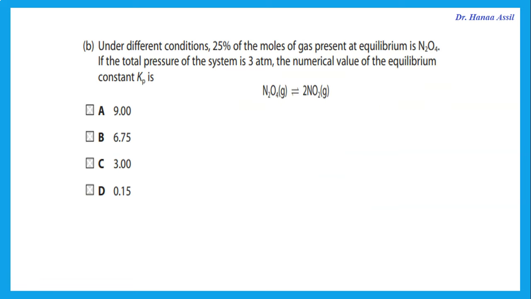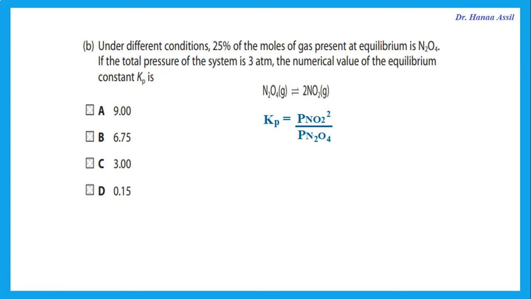Under different conditions, 25% of the moles of gas present at equilibrium is N2O4. So N2O4 forms 25% of the moles. If the total pressure is 3 atm, what is Kp? So let's say the expression for Kp is this: partial pressure of NO2 to the power 2 over partial pressure of N2O4.